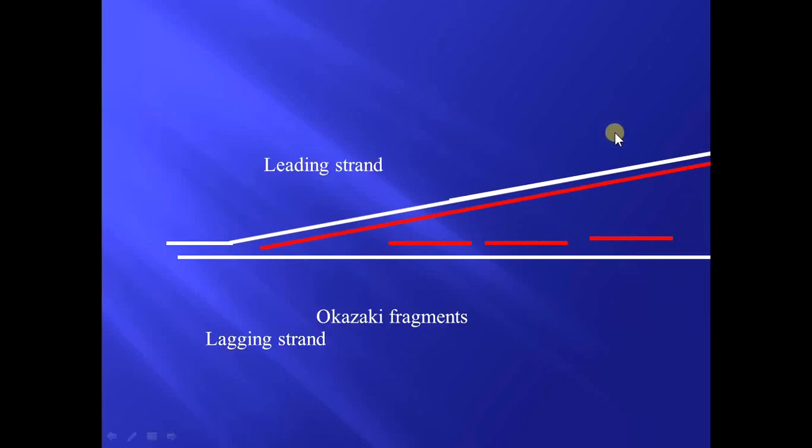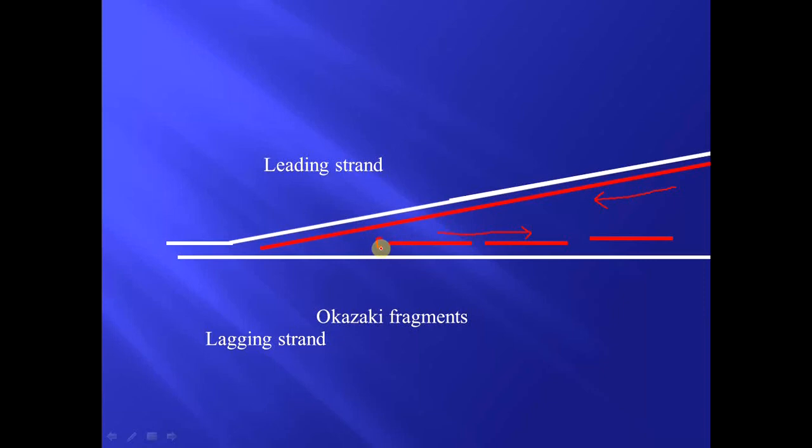So this strand here is called the leading strand, where it's made continuously, and this one is called the lagging strand, this new strand, because it's made in chunks called Okazaki fragments. And there we go. That leading strand is this strand that was made continuously on this diagram from right to left. The other one is called the lagging strand because it's made away from the replication fork.